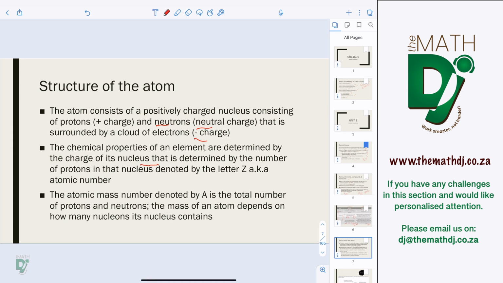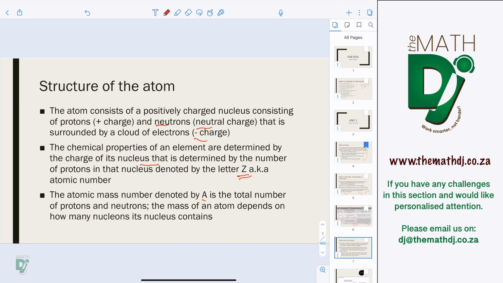That is determined by the number of protons in the nucleus, denoted by the letter Z, also known as atomic number. The atomic mass number, denoted by A, is the total number of protons and neutrons. The mass of an atom depends on how many nucleons its nucleus contains.